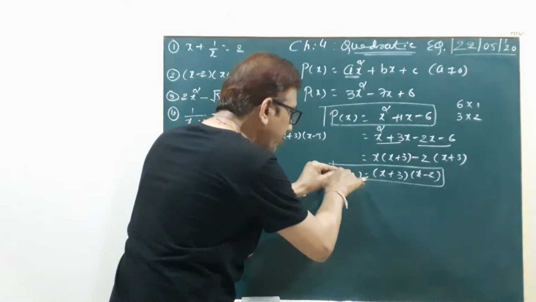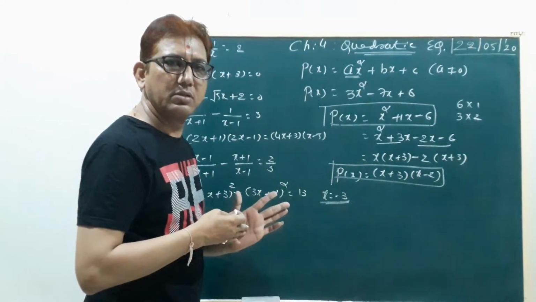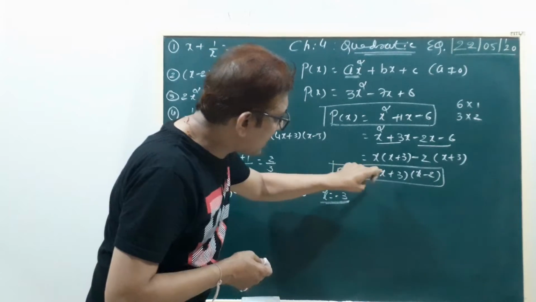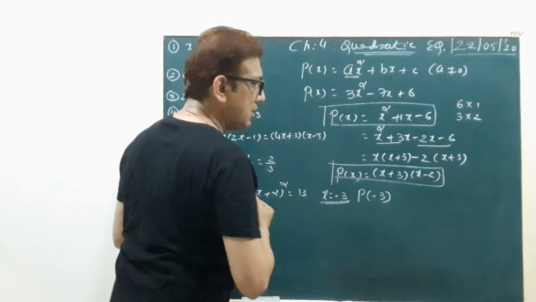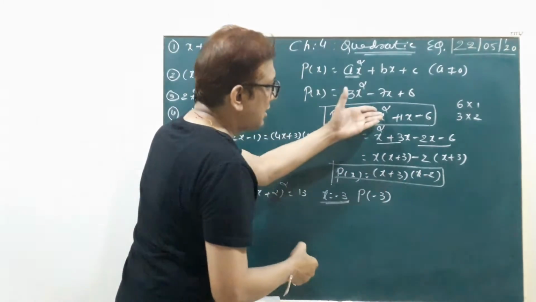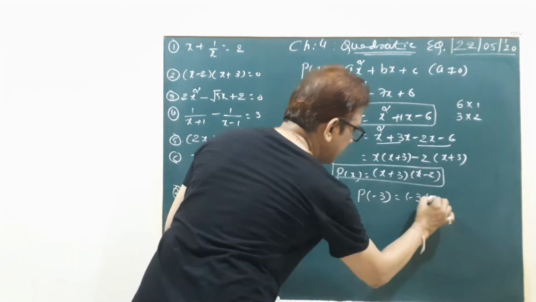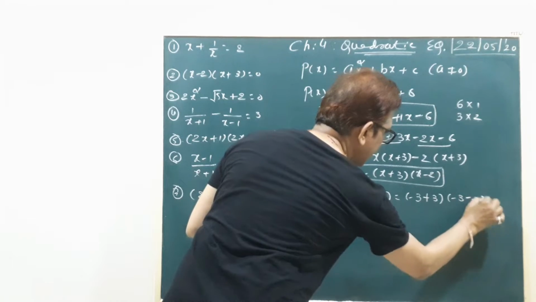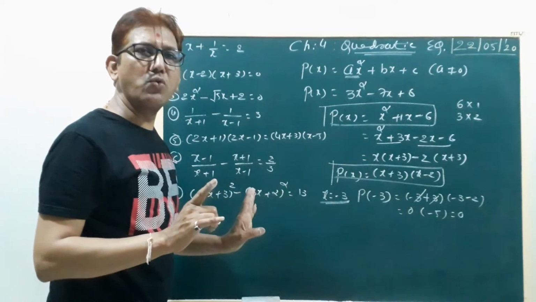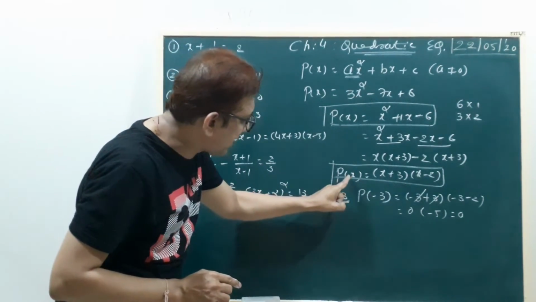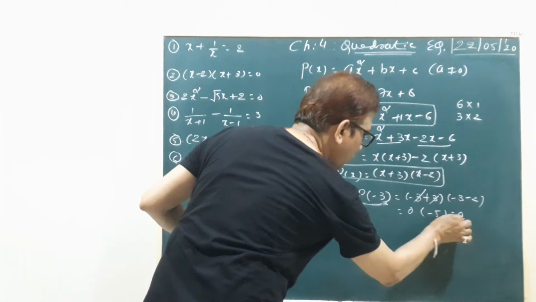Now, if we put x equal to minus 3, that is p(minus 3). Put x equal to minus 3, here or here, anyone. Minus 3 plus 3 into minus 3 minus 2. Here it cancels: 0 into any number, the answer is 0. So p(minus 3) is 0.